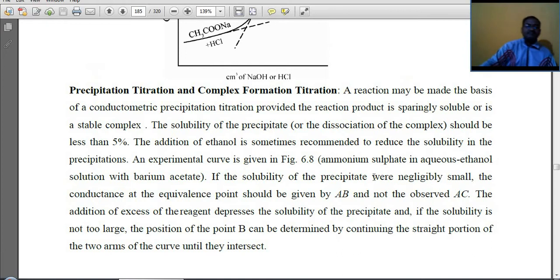Next, precipitation titration and complex formation titration.